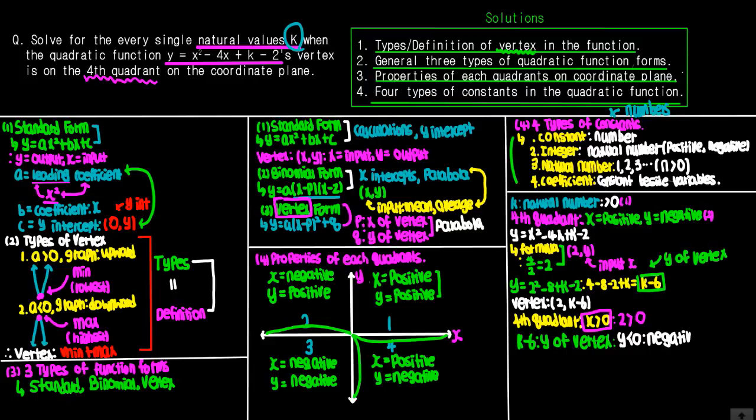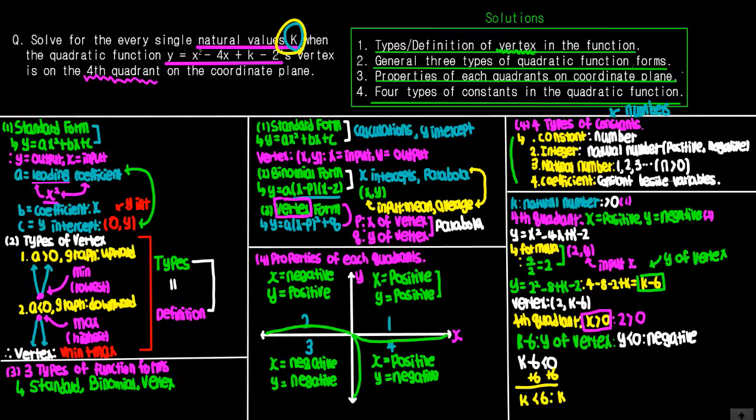It's the same thing here: our y value is k minus 6, and that should be less than 0. All you have to do to isolate our k value, which is our ultimate goal, is add 6 to both sides. To isolate, we get k should be less than 6.